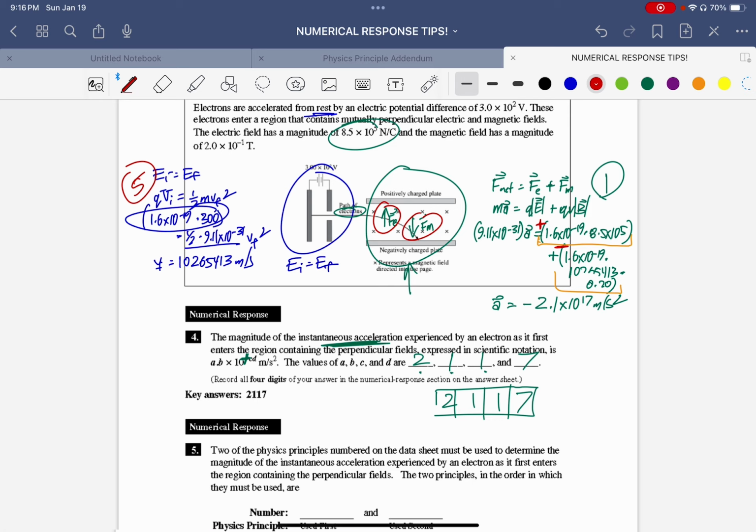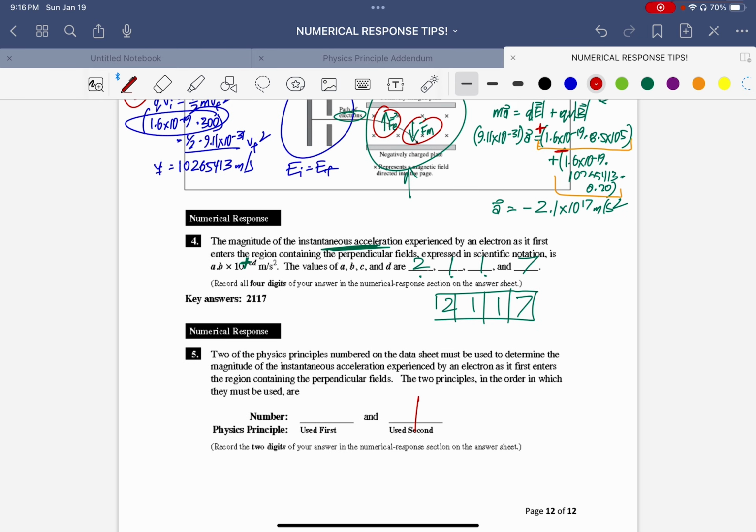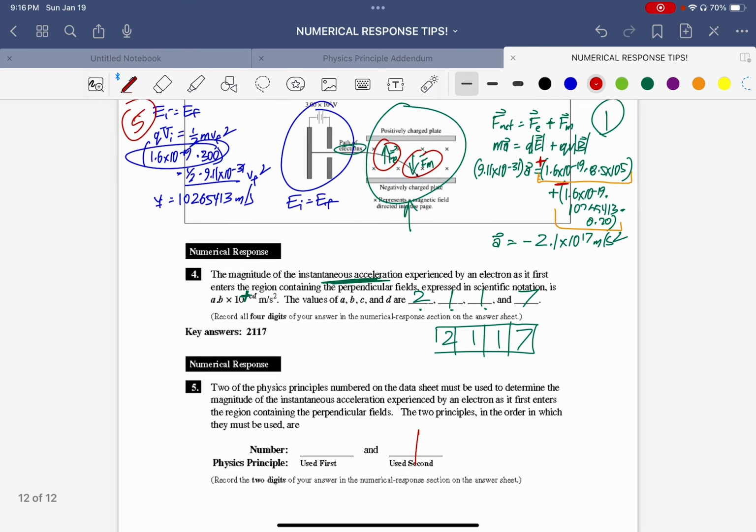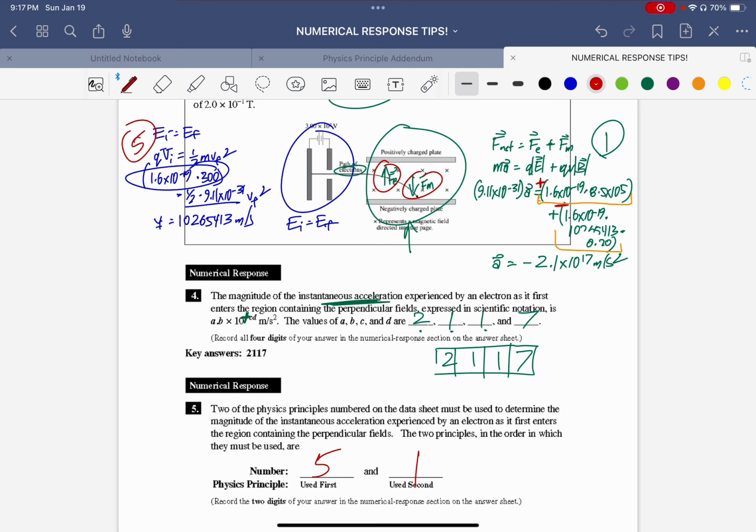That would be accelerated motion, so we're going to list that one second. And then the other one that we used is principle 5. So we're going to bubble that in. We have 4 blocks, but we used principle 1 to get us the answer. Let's list that second. Principle 5 is the other one we used, and then those last 2 blocks are just going to remain blank.